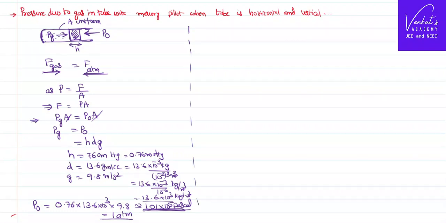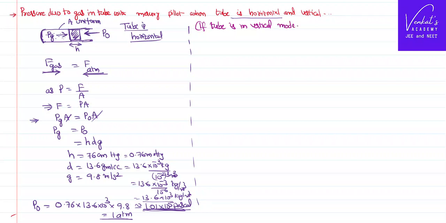All this is when the tube is in horizontal mode. When the tube is in horizontal mode, we can derive an expression like this. But the tube need not be horizontal always. If the tube is in vertical mode, we will derive an expression for the tube in vertical mode now.